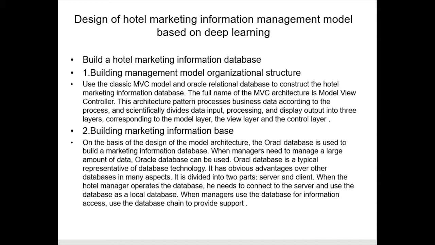The full name of the MVC architecture is Model View Controller. This architecture pattern processes business data according to the process and scientifically divides data input, processing, and display output into 3 layers, corresponding to the model layer, the view layer, and the controller layer.